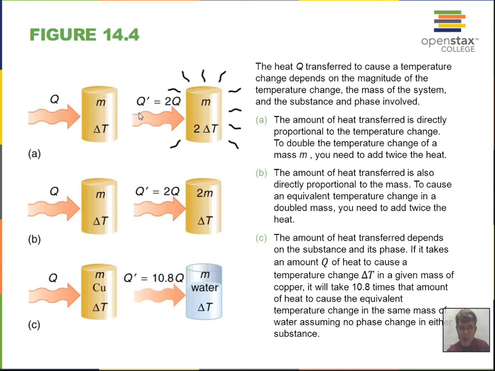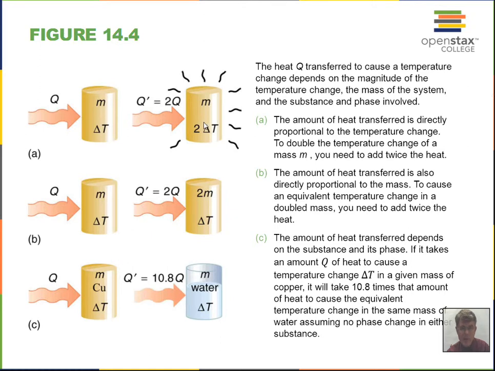This holds as long as the phase is constant, we stay solid, or if we stay liquid in the two situations. As long as the phase does not change, then we can use this proportionality. The change in temperature is related to how much energy comes in or how much energy is extracted from the object. Delta T can be positive or negative.